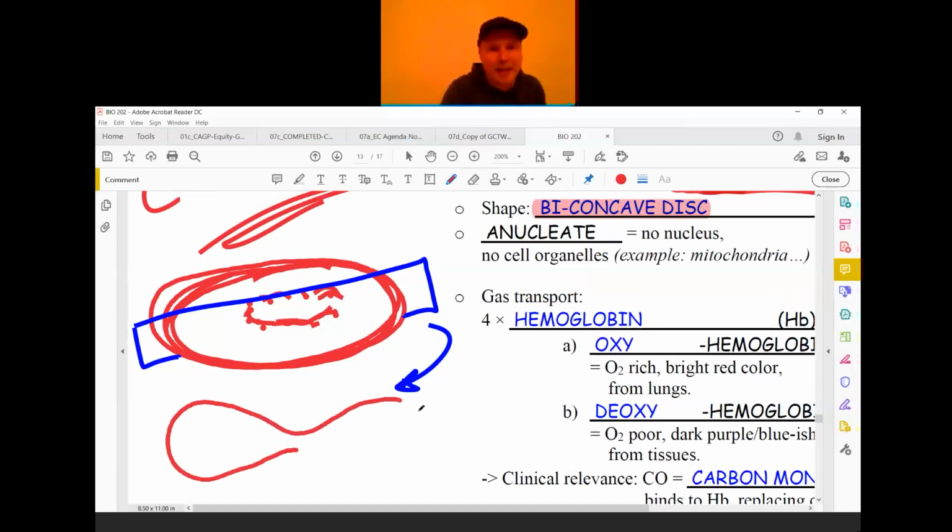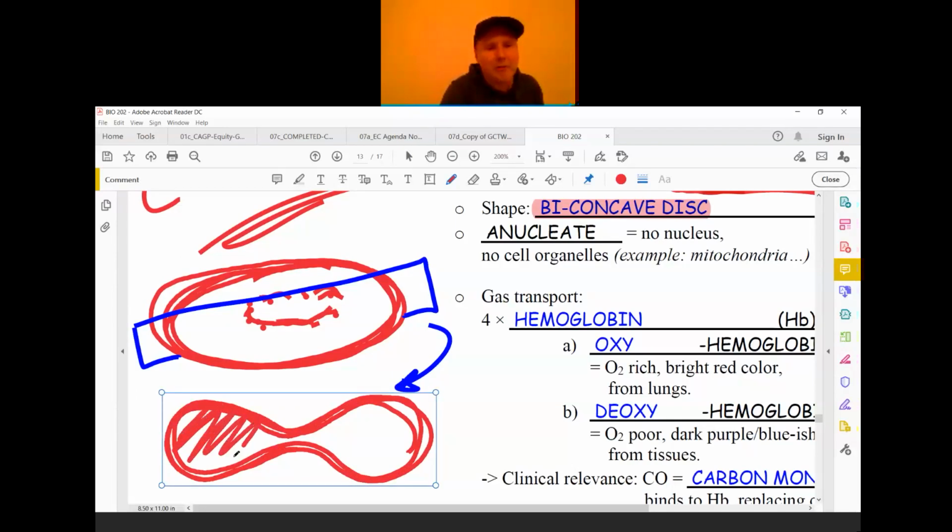It's thicker at the edges and squashed in the middle. So that's what a red blood cell looks like, but not fully cut through from the middle. That's what the word biconcave means, that it's caved in from the middle on both sides, so bi.